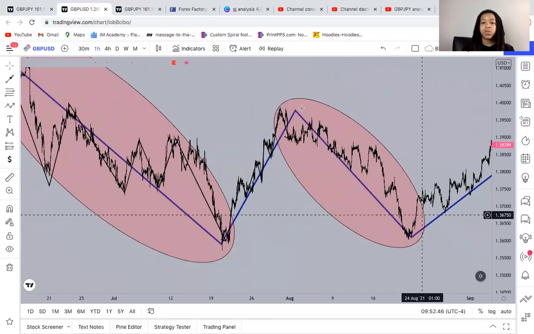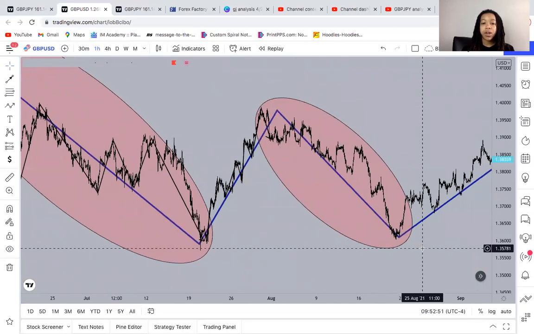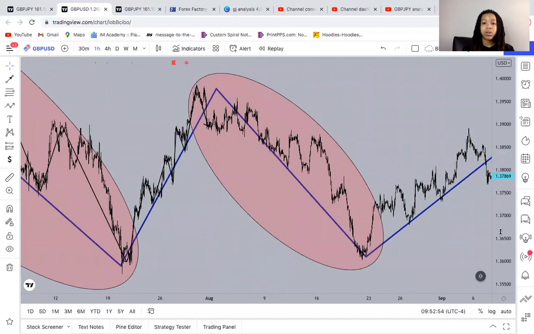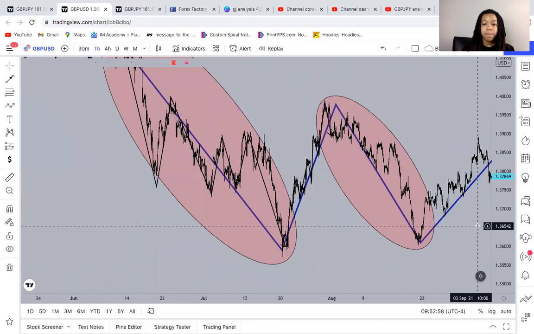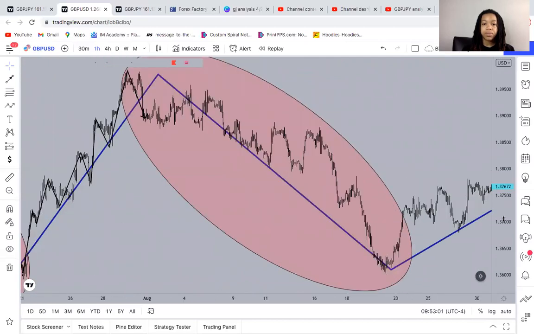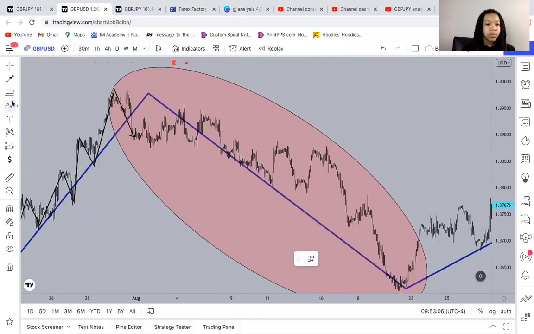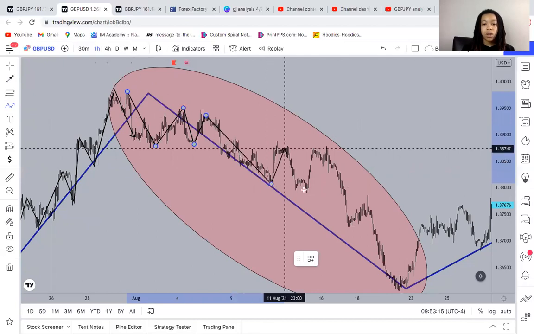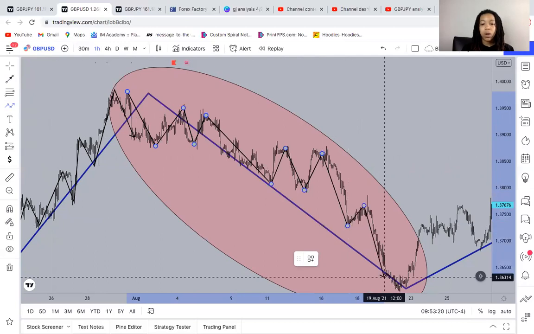Again, we see price reach its highest point that it wanted to go to before it started to sell off, creating that impulse downtrend move. Let's take a look. Here we see high, low, lower high, low, lower high, lower low, lower high, lower low, high, low, lower high, lower low.